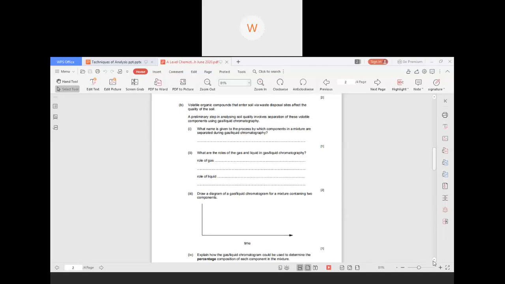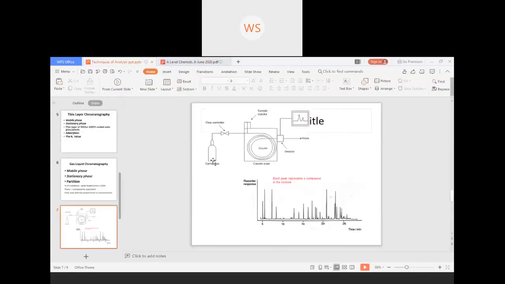What are the roles of the gas and the liquid in GLC? The gas is definitely the mobile phase. In the GLC diagram there is a gas and an injector for the sample. We inject liquid, not gas.